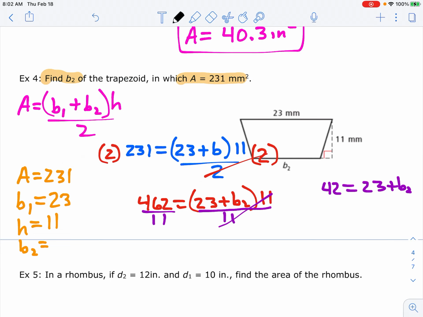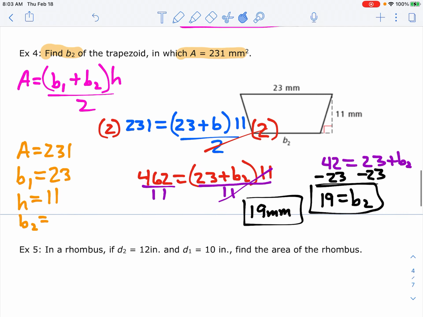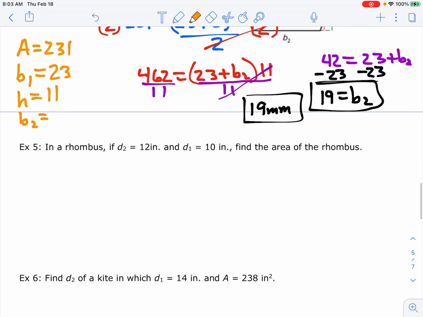Well, now to solve it, we just have to move our 23 over. So let's subtract 23 over, and I'm left with 19 is equal to B2. So our answer is 19 millimeters. All right, so working backwards, move that 2 in the denominator first, and then go back and solve.